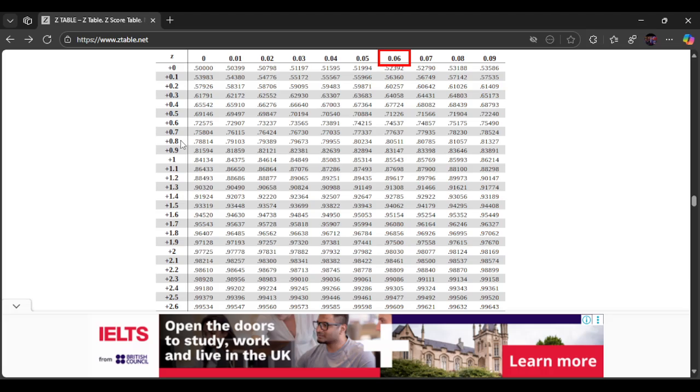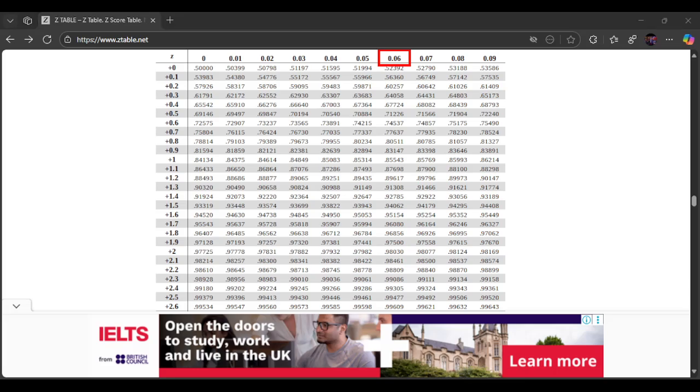The decimal digit that we had in our question was 0.8, so the last digit was 0.80. If you see the value of 0.80, it will be 0.78814.